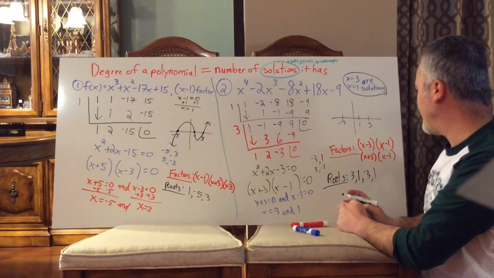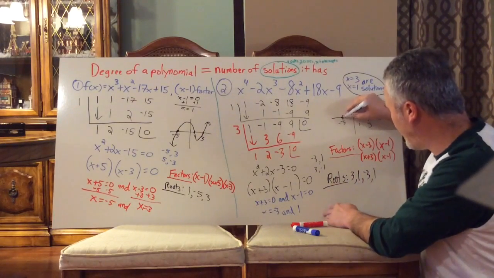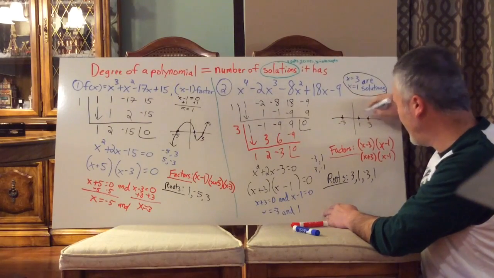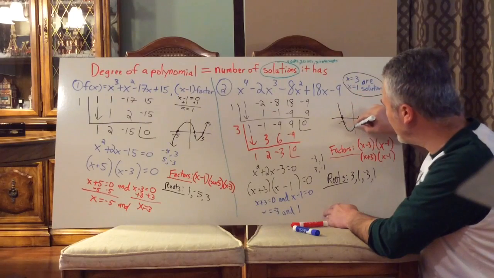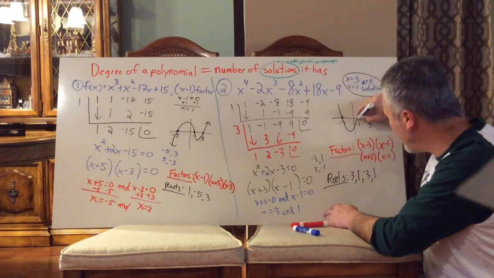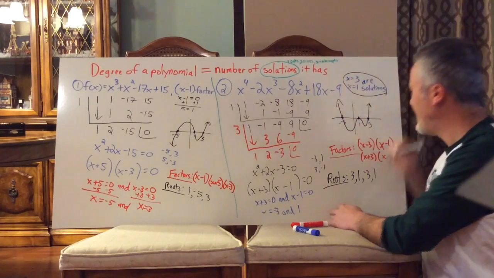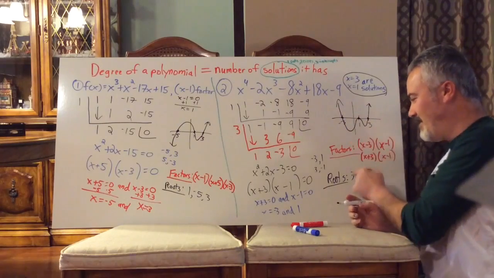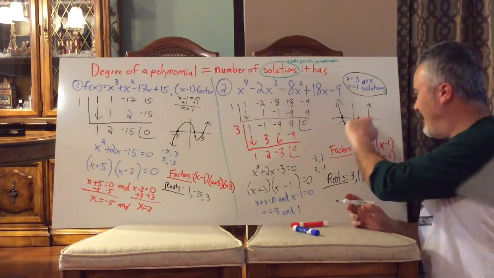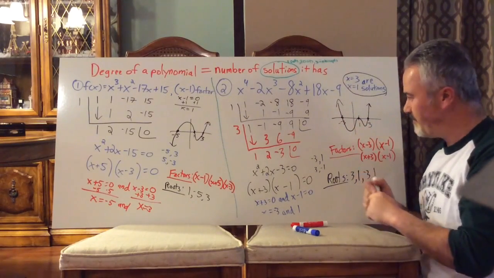Now I have to think about this one for a second, how this is going to look. It should look something like that. So it doesn't cross the x-axis here, it just touches it because that is repeated, and then it goes back down and crosses at 3.